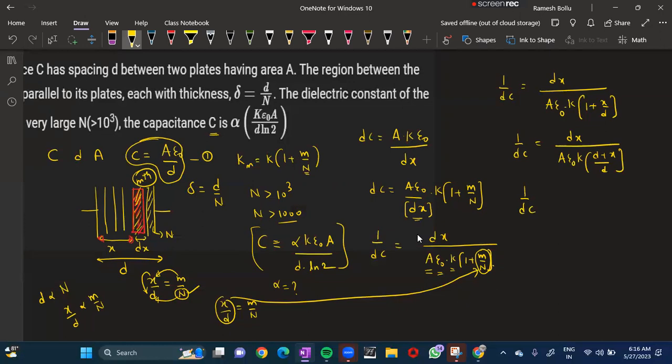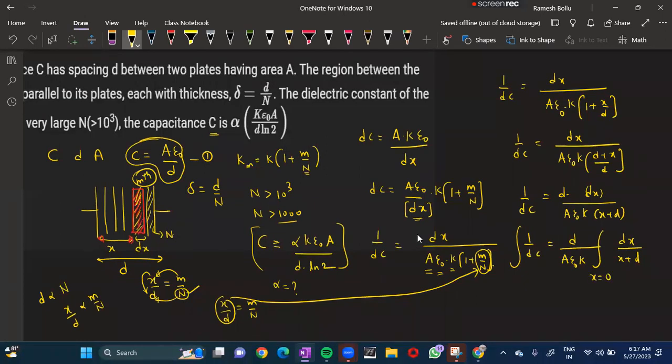So 1 by dC is equal to d into dx over A epsilon naught K into (x plus d). I want the total capacitance, so integrate on either side.